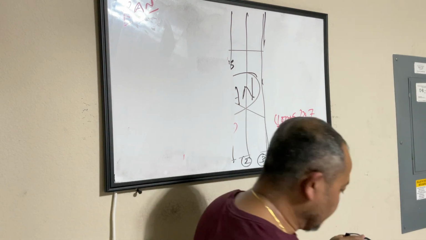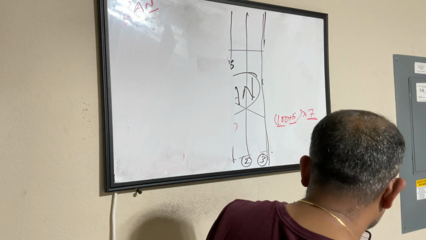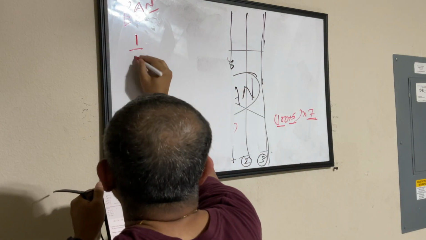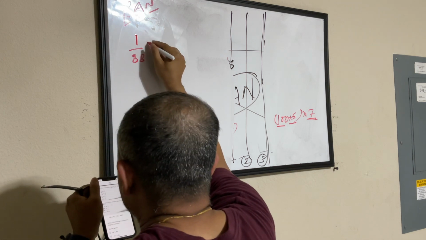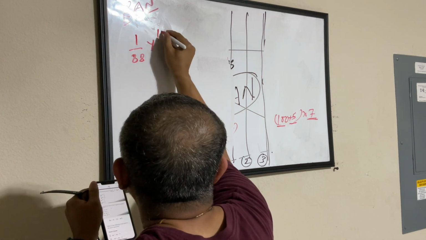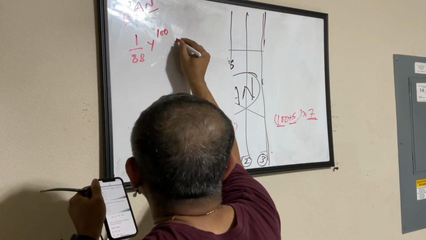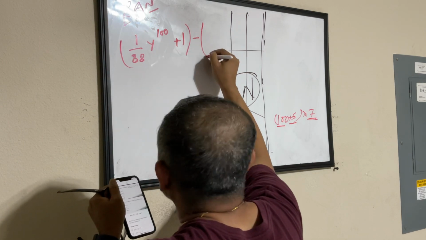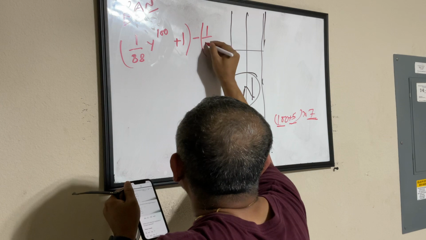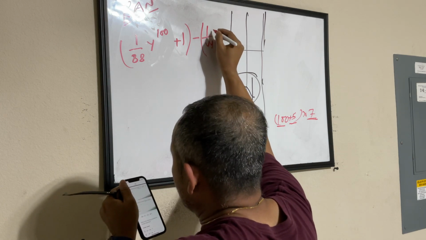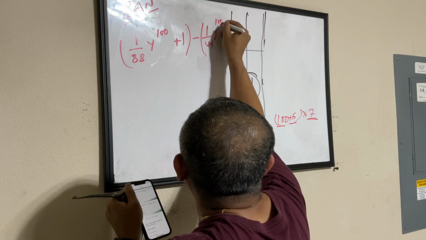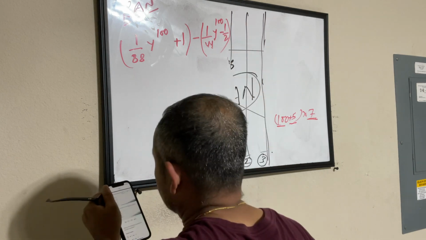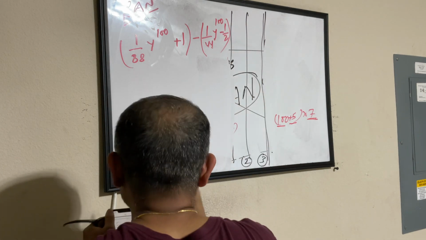All right, one of the questions I have is this: (1/88)y^100 + 1, minus (1/44)y^100 minus 1/2, equals what?